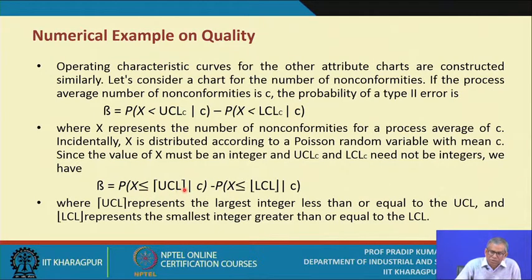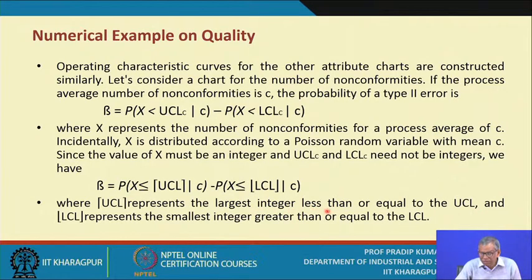For making corrections in the formula, we say that beta is the probability that x is less than or equal to the absolute value of UCL, given a value of C, minus the probability that x is less than or equal to the absolute value of LCL, given the value of C. Here UCL absolute represents the largest integer less than or equal to the UCL. So, this rule you have to follow.